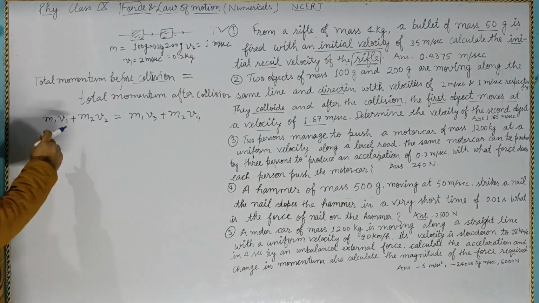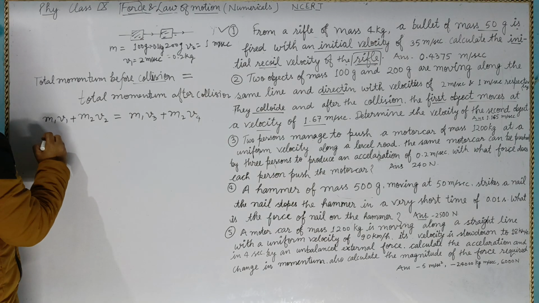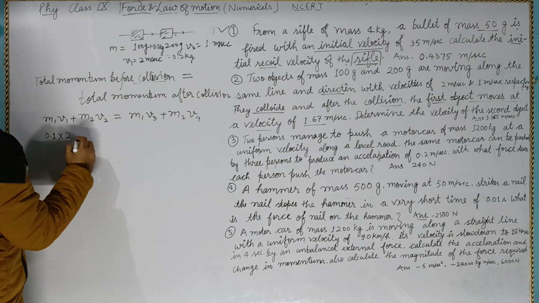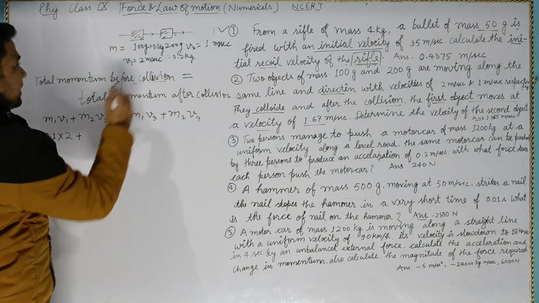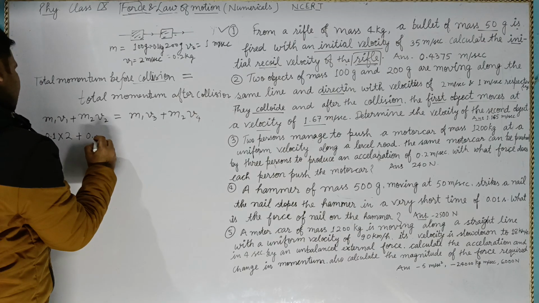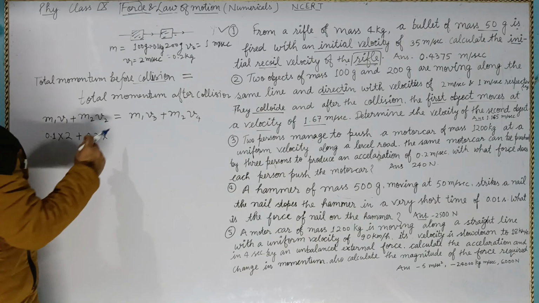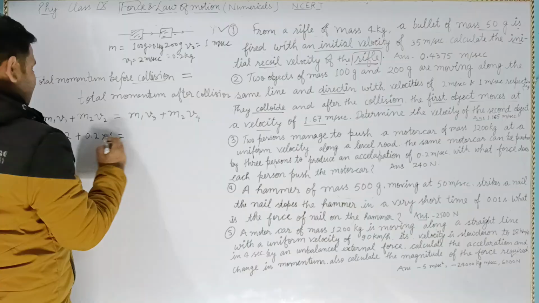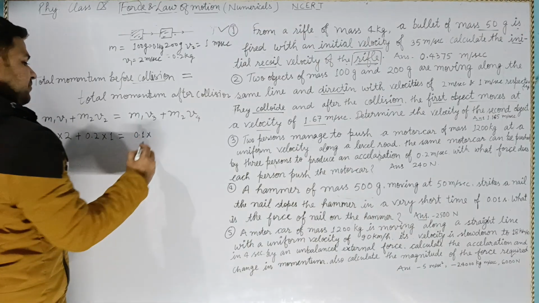Putting the values here, m1 is 0.1 into v1, which is given as 2 meter per second, plus m2, which is 0.2 kilogram, and v2 is equal to 1 meter per second, is equal to m1, the same 0.1, and v3.